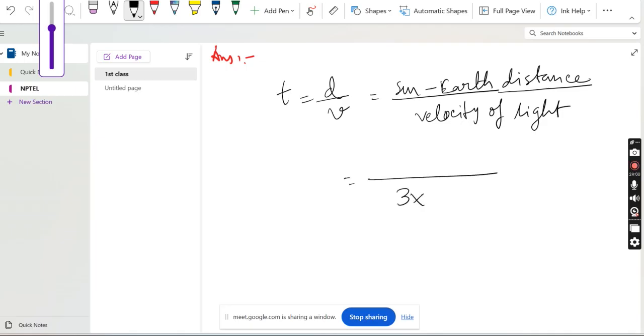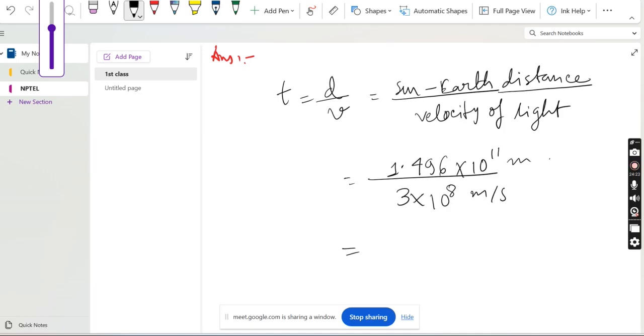We know the velocity of light is 3 into 10 to the power 8 meter per second, and the distance between the sun and earth is 1.496 into 10 to the power 11 meter.